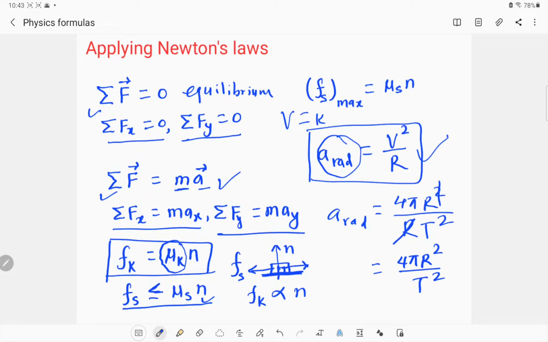Some other time we know the radius and the time period, but we don't know the velocity. In that case, to calculate the radial acceleration, you can use this formula. Depending on the situation, you can use a different formula.